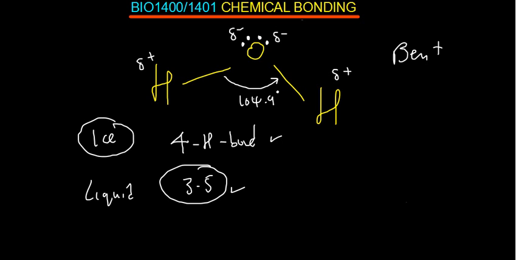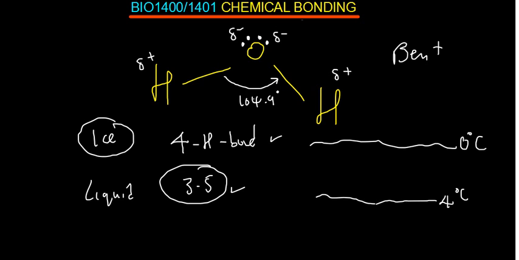Actually, water is most dense at 4 degrees Celsius. So at the bottom of a river, we are going to find the water at 4 degrees Celsius, and at the top of the river, water is going to be at 0 degrees Celsius. At 0 degrees Celsius, this is called ice. Ice is less dense than liquid water. That is why ice floats on water, and this is important in cold seasons.